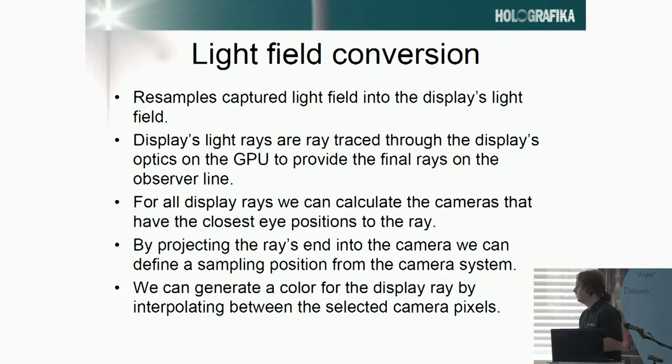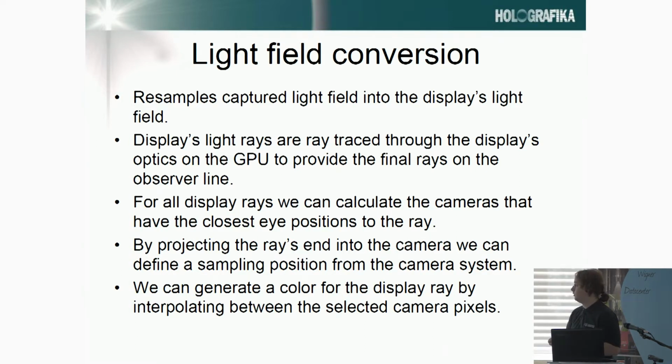How do we do this? We take the display ray, we find a bunch of cameras that are close to this ray, and then we project the starting point of the ray, which is on the holographic screen, into the cameras. By projecting this point, we find the point on the camera image that we want to sample.